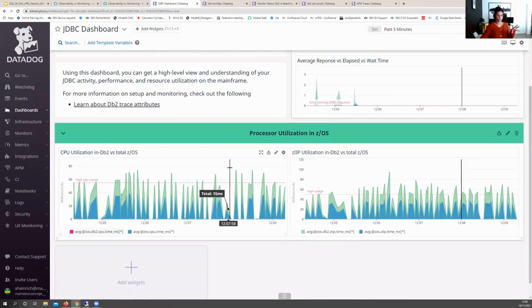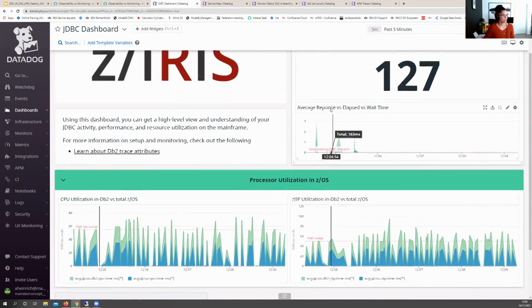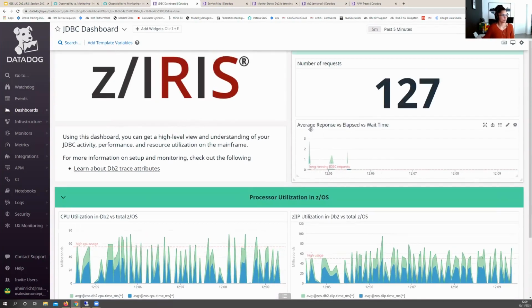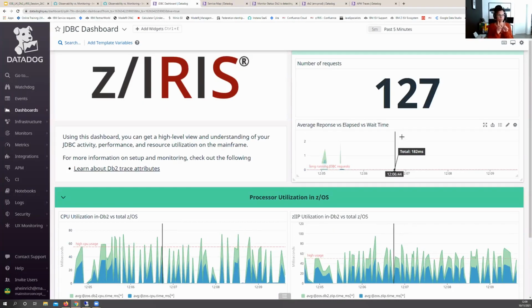So we've created dashboards using those tags that I showed you. And the dashboard includes things like the average response time versus elapsed time and wait time. So the time for the conversation versus the time in Db2 and any latency in Db2 that we need to know about.